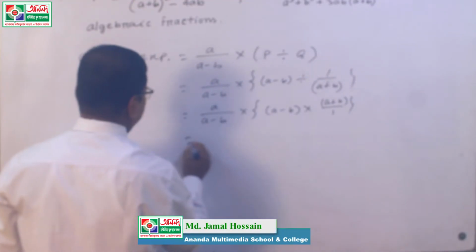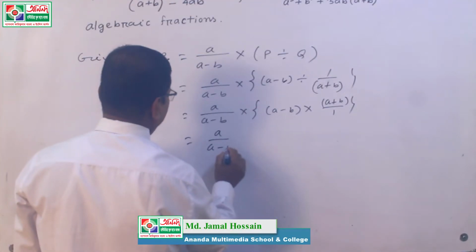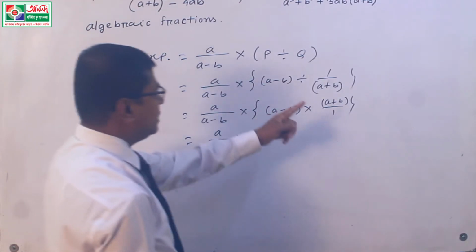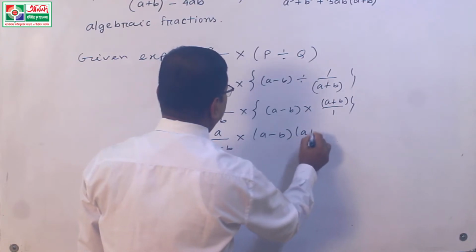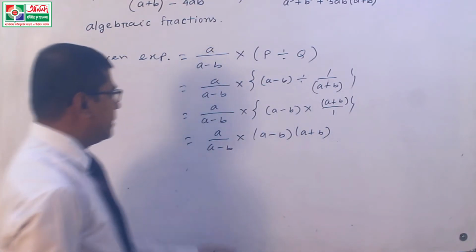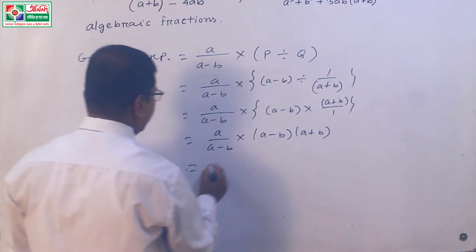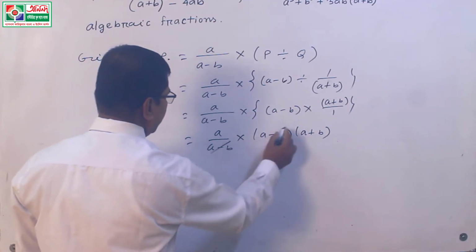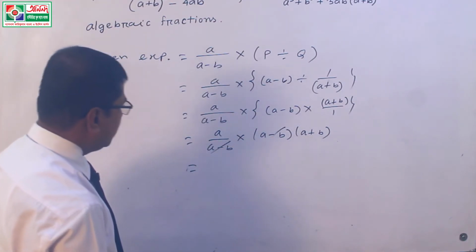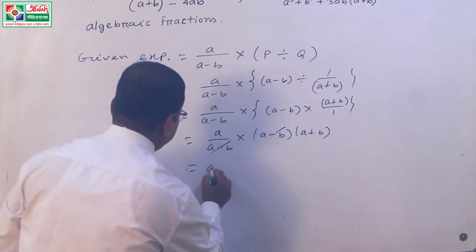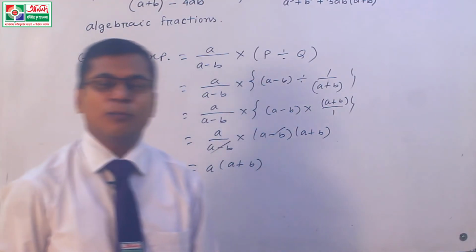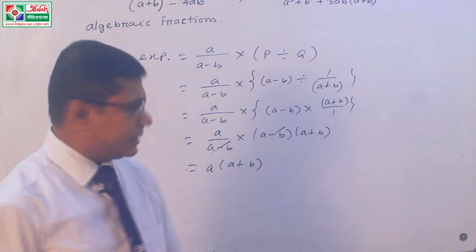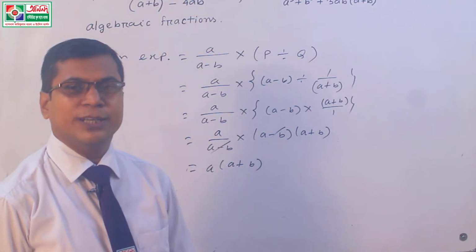Now multiply it: a by a minus b multiply a minus b into a plus b. So you can divide a minus b and a minus b, and you can write here a into a plus b. This is the simplification form, or the result, of question B.